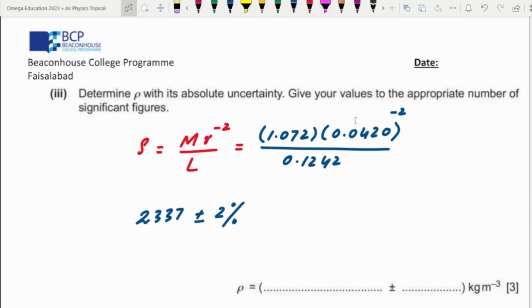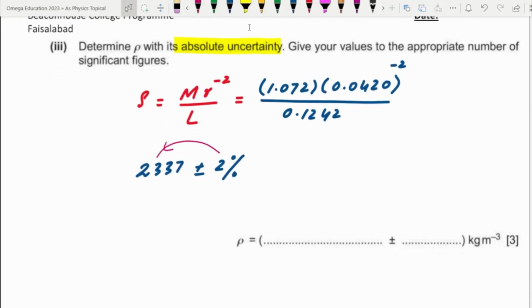But you need to give your uncertainty as an absolute uncertainty. So all you can do is find what is 2% of this thing. So once again, the same method, 2337 times 2 divided by 100.